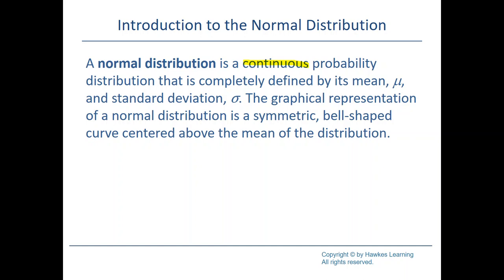Now, we also have our mean, which we will be using mu for, and standard deviation, which we'll be using lowercase sigma for. Now, the graphical representation of your normal distribution is a symmetric bell-shaped curve, and it's centered about the mean of the distribution. As you look at it, it should have the mean directly in the center.